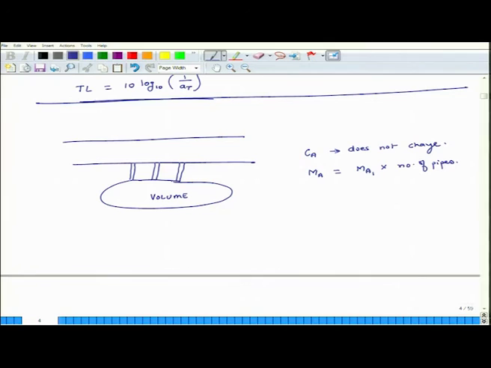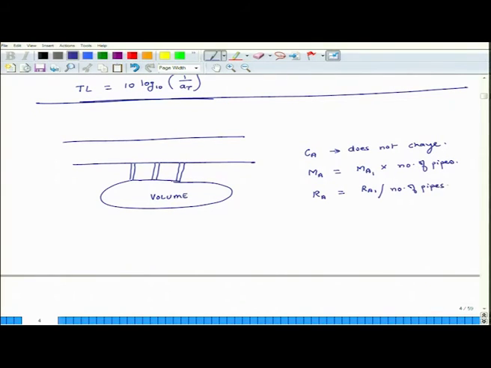So, acoustic mass goes up, and finally, acoustic resistance R A. I will not go into the mathematical details of this. The total acoustic resistance is equal to the acoustic resistance of one pipe divided by the number of pipes.